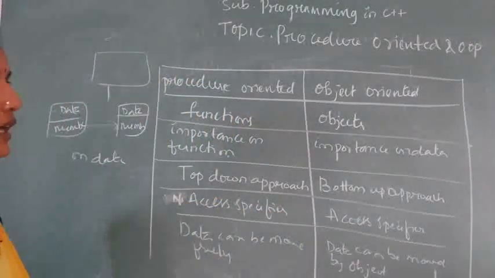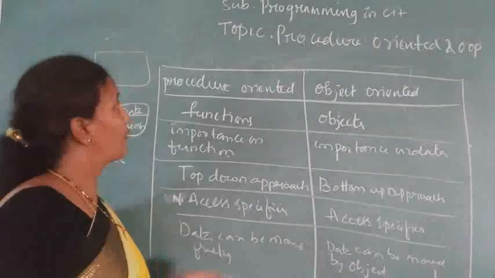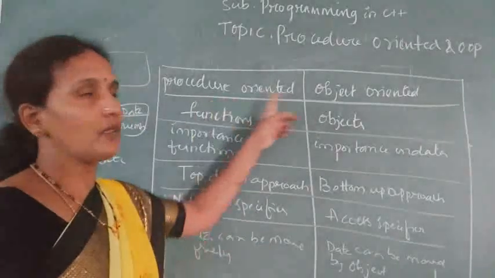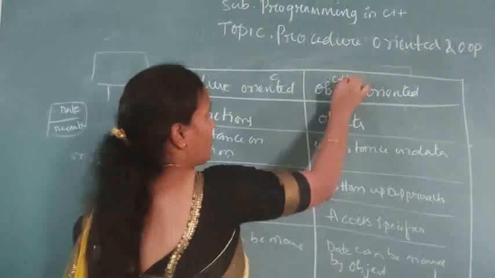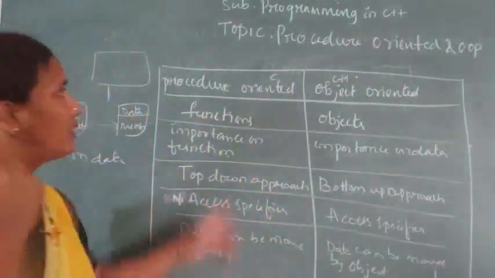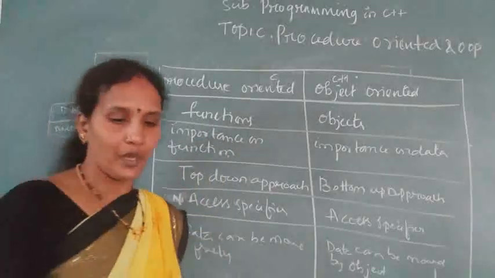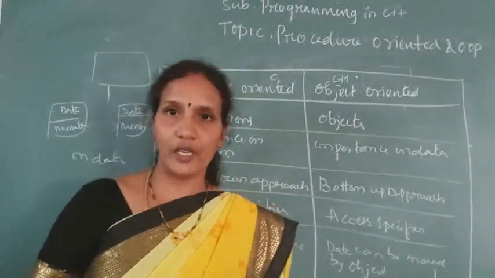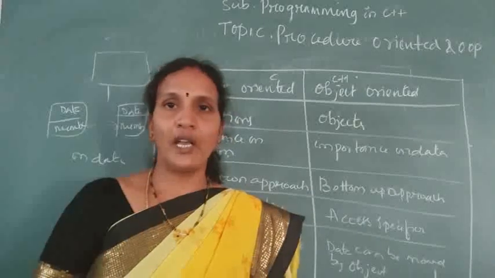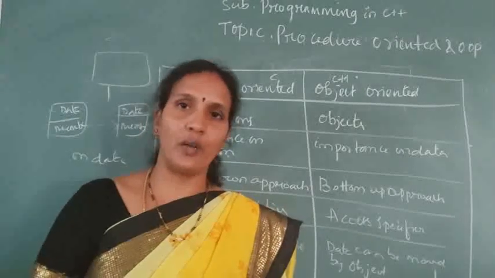You can see, again I will explain this also. This is procedure-oriented programming, and this is object-oriented programming. For example, C and C++. In procedure-oriented programming, whatever total program is there, that program is divided into functions. I hope you all know how to design a program into functions.